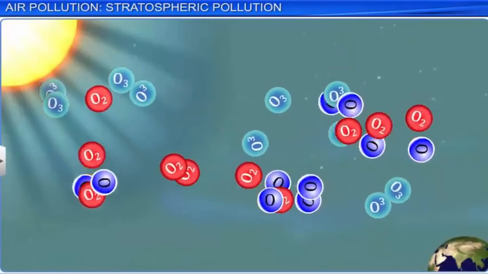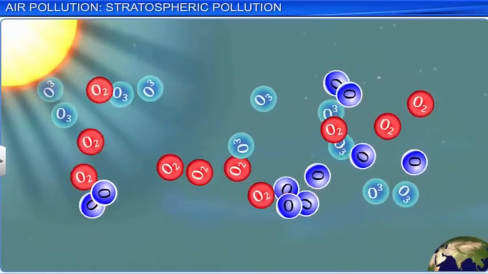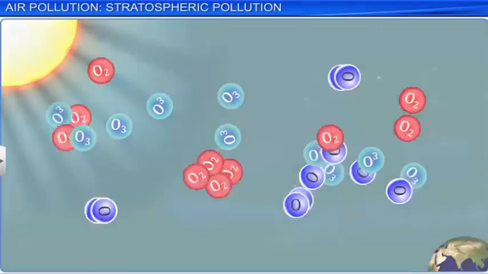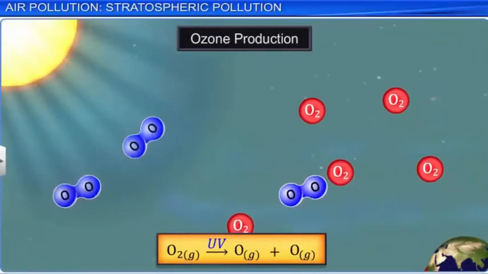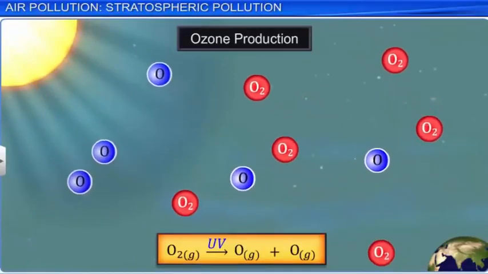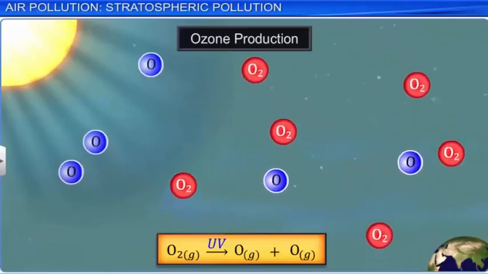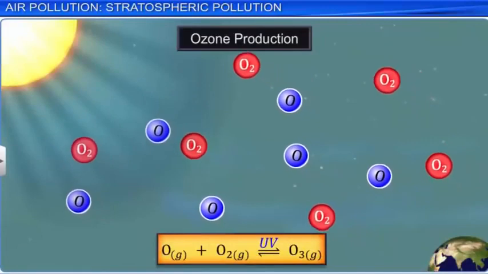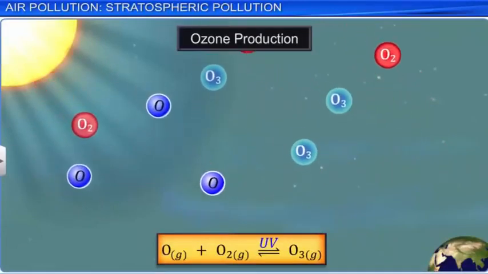Ozone is produced when the ultraviolet radiations collide with the dioxygen molecules present in this layer. First, the UV rays dissociate a dioxygen molecule into its respective oxygen atoms. This oxygen atom, called nascent oxygen, then combines with another oxygen molecule to form an ozone molecule.